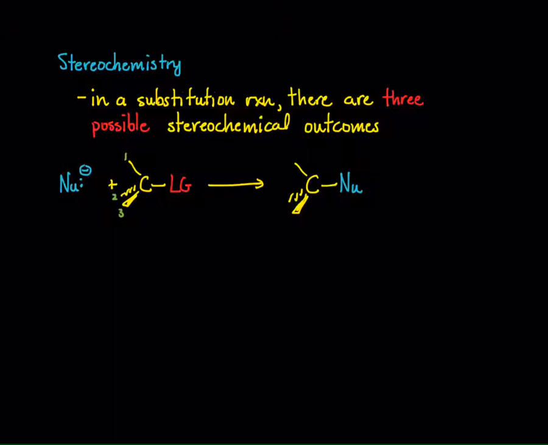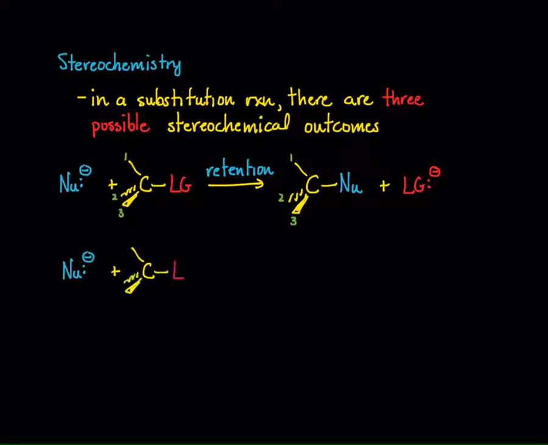So somehow the nucleophile is coming in the same direction as the leaving group, and the leaving group comes off as the anion, and the groups on that stereogenic carbon don't change in their location. This is what we call a retention of configuration, where the configuration of the stereogenic carbon is retained. Nothing changed other than the nucleophile replacing the leaving group, right? So that is one possibility.